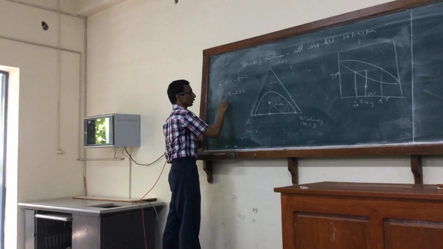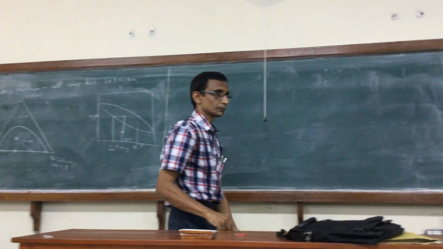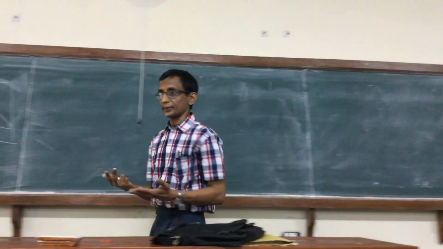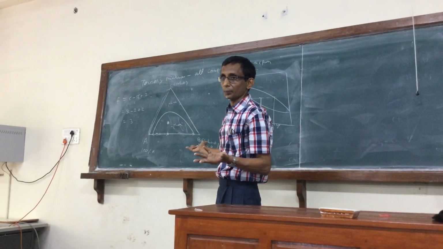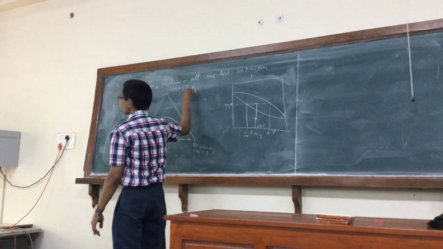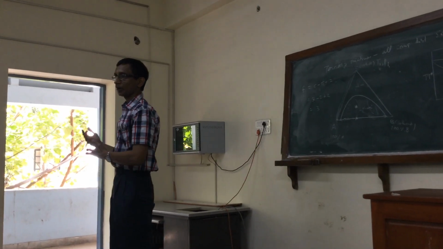Number of degrees of freedom is 3. So now there are these degrees of freedom, because I have only the composition on this diagram with no temperature or pressure. So the entire diagram is usually presented at a fixed temperature and pressure.